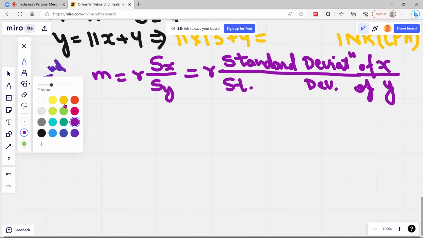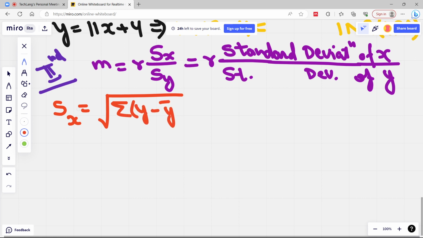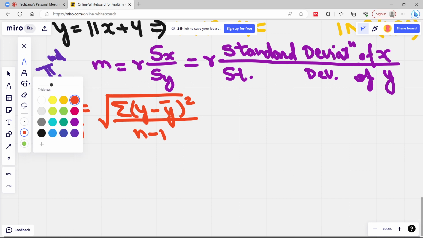Now, coming to the elaboration, Sx can be written as the sample standard deviation. So we will have the summation of y minus y bar whole square upon n minus 1. Sorry, this is S of y.